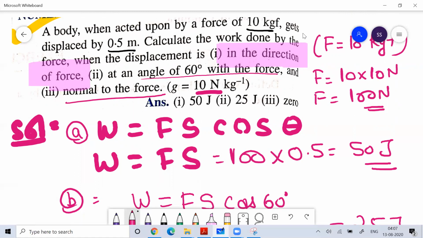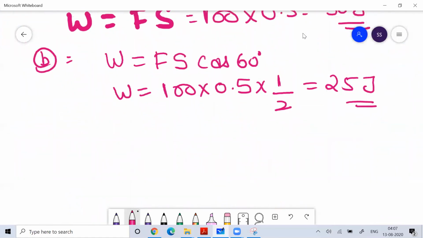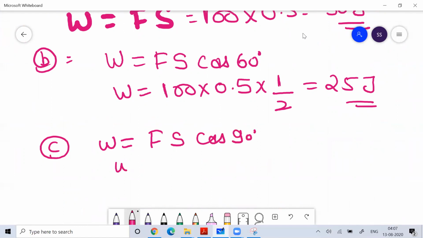Then theta will become 90 degree, and cos 90 degree is 0. So whenever the force is applied at 90 degree to the displacement, work done is equal to F S cos 90 degree, which is 0. Work done will be 0.